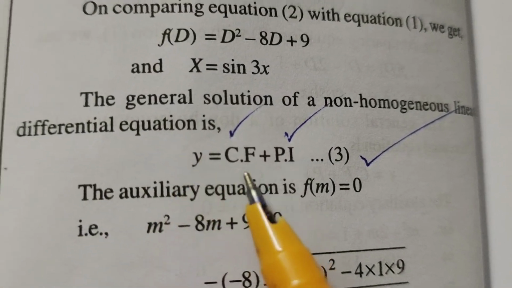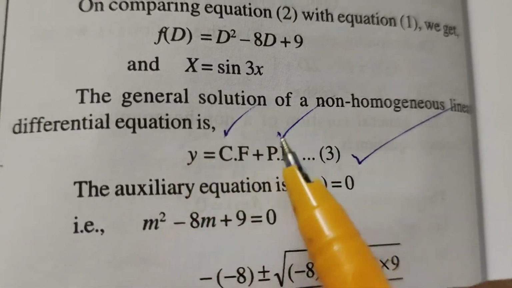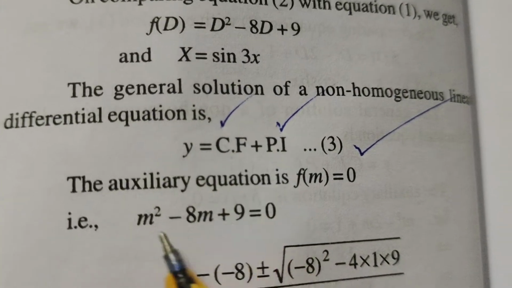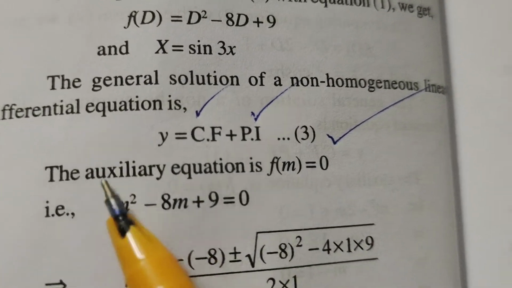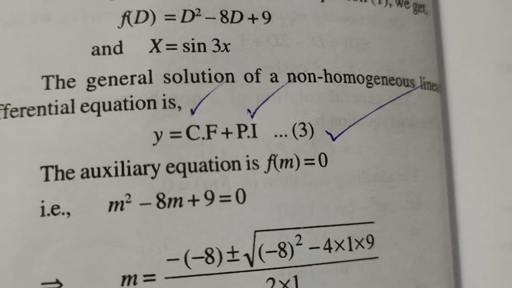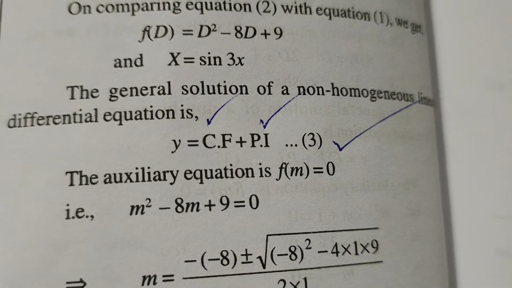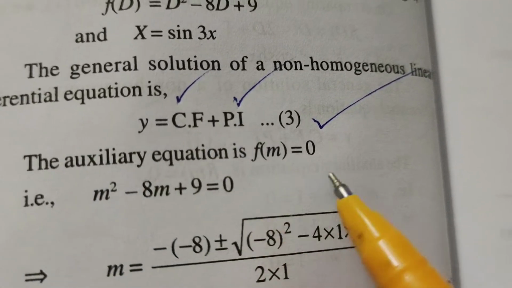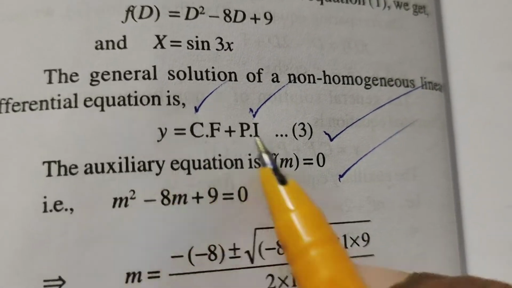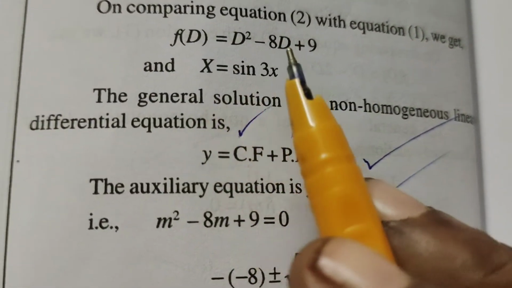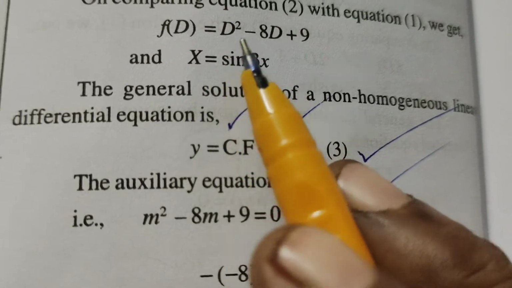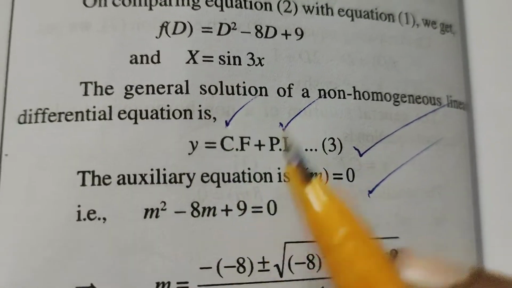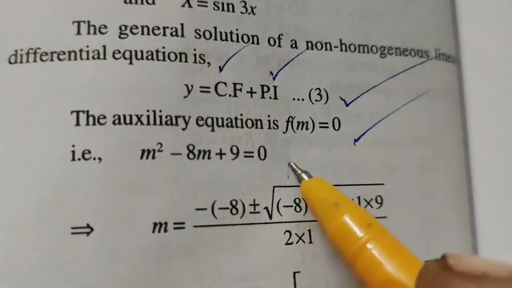First, find the complementary function. Assume the auxiliary equation f(m) = 0. Writing f(D) in terms of m, that is m² − 8m + 9 = 0.